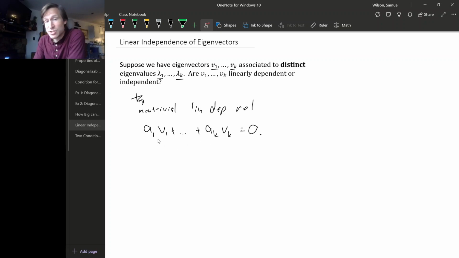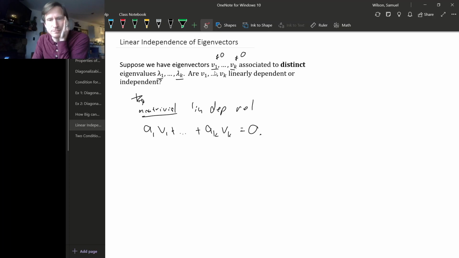Now, at least two of these a's have to be non-zero. So, to be a non-trivial linear dependence relationship, at least one of them has to be non-zero. But all of these eigenvectors, none of them are 0. Right?